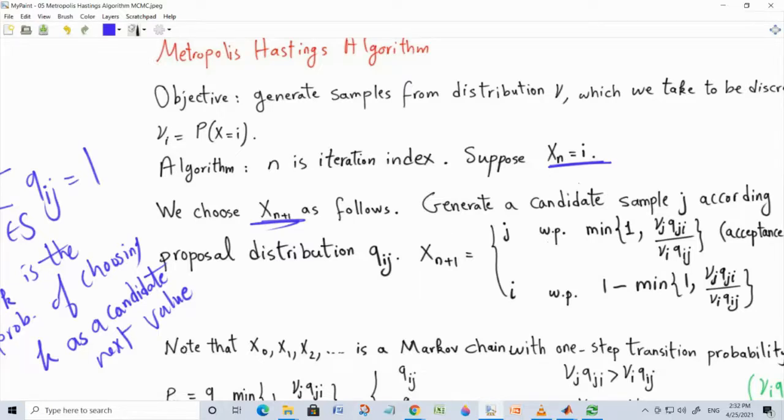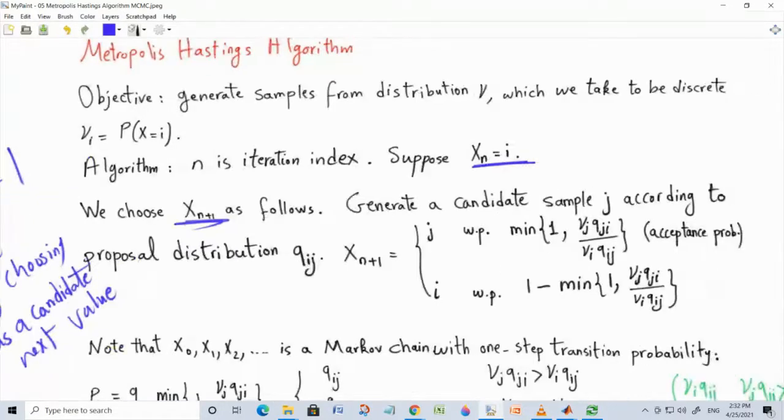If we make the next step a function of x of n and x of n minus 1, then we do not have a Markov chain. So with a certain probability, you will choose your j as the candidate next state, or value of x of n plus 1, but then you can accept it or reject it.